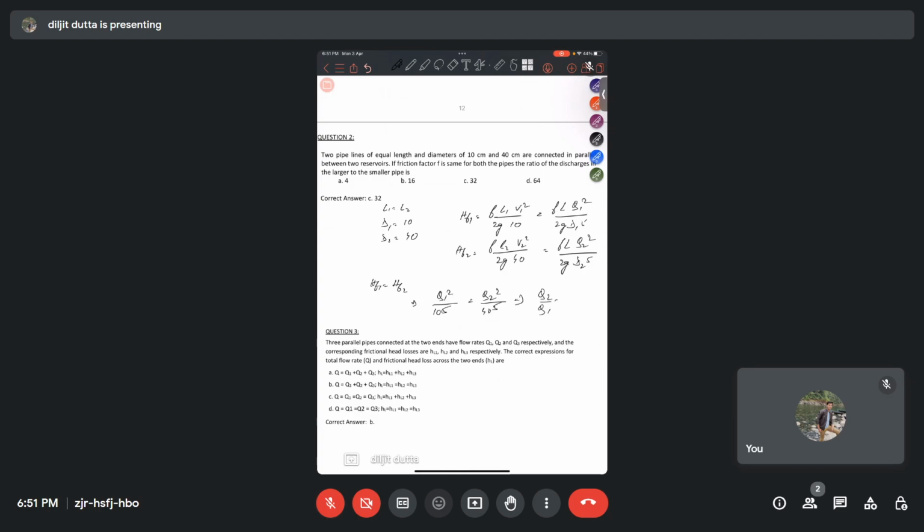Q2 by Q1 is equal to under root. Distance is 30.